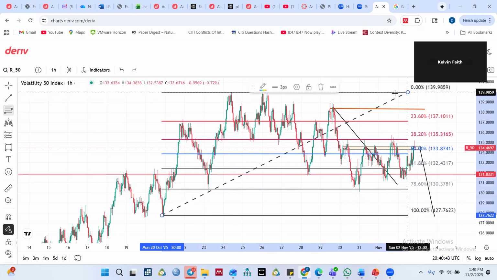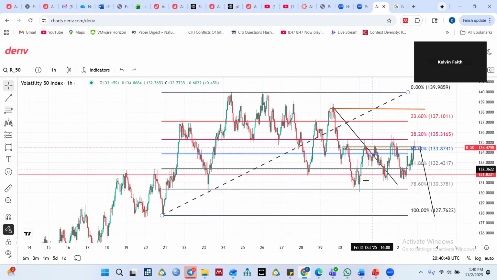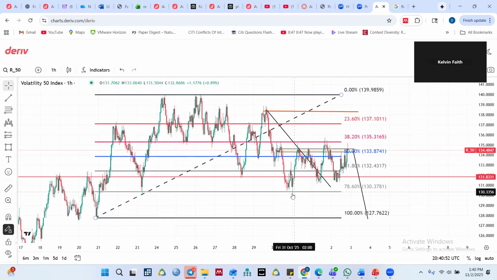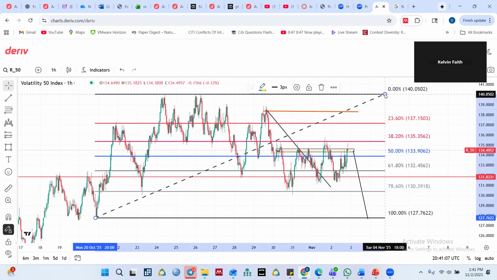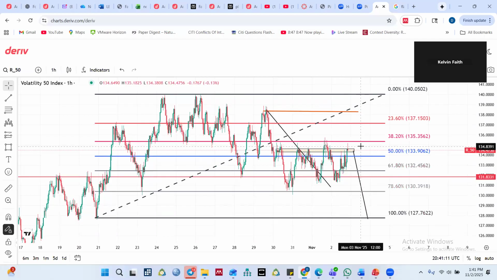Price goes up and drops to 78.6%. It moves up to 50, drops back to 61, goes back to 38, drops back to 61, and right now price is on 50%. We need price to stay below 50% in order to sell.